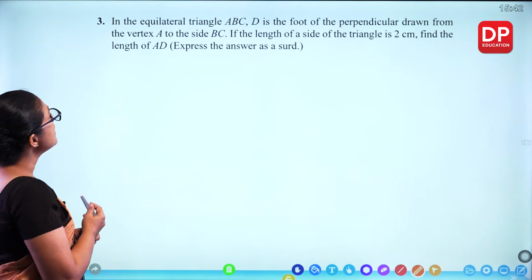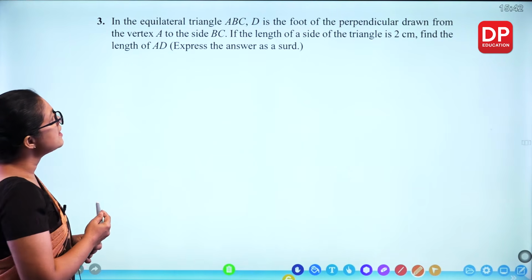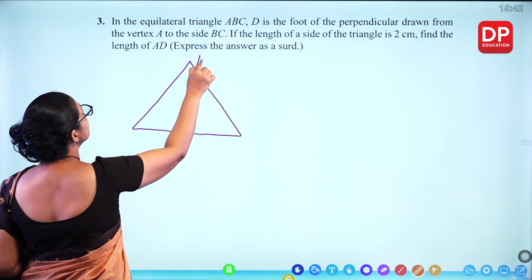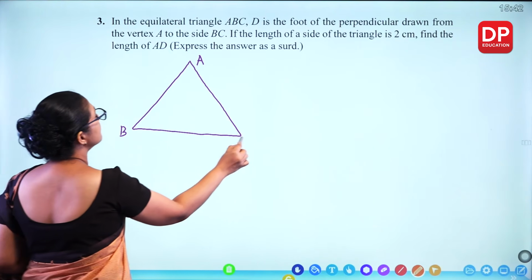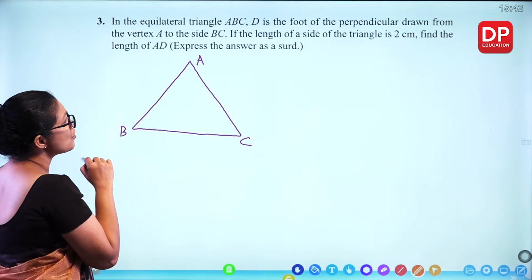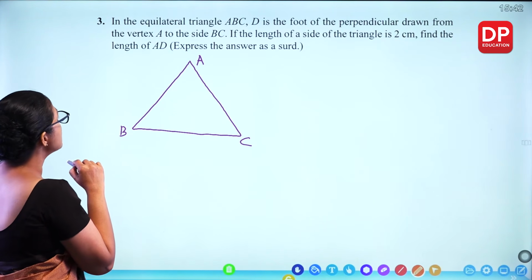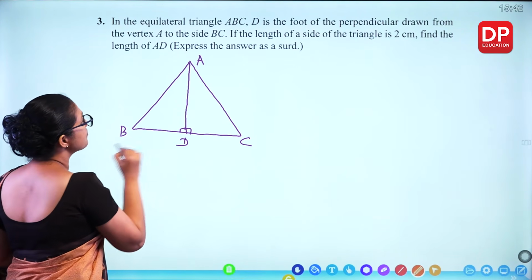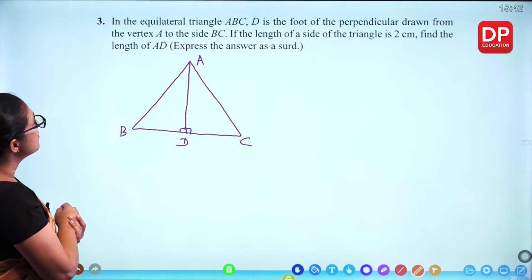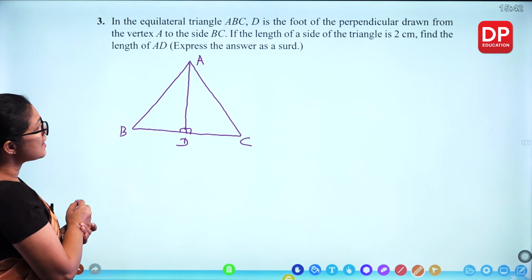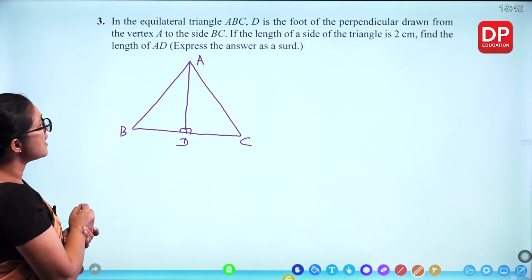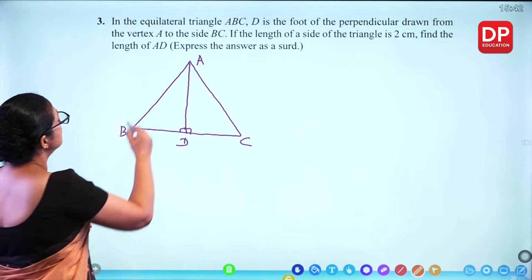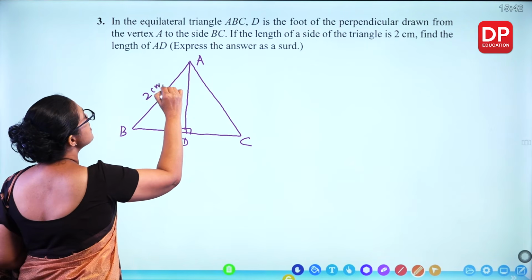Question number 3. In the equilateral triangle ABC, D is the foot of the perpendicular drawn from the vertex A. If the length of a side of a triangle is 2 centimeter, so all these are 2 centimeters.